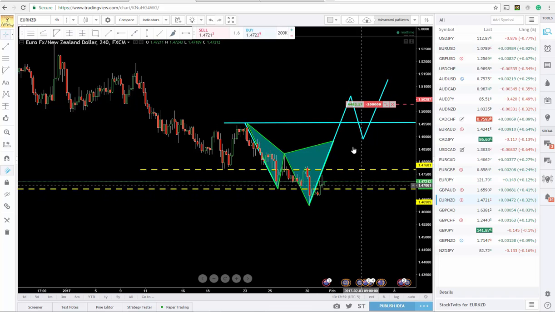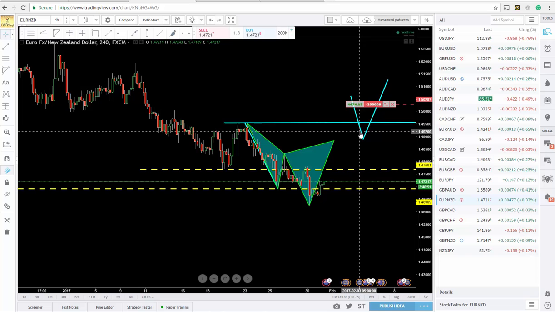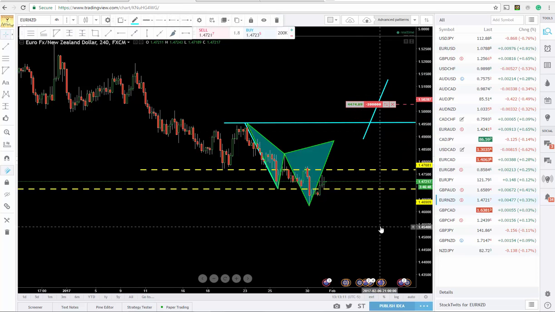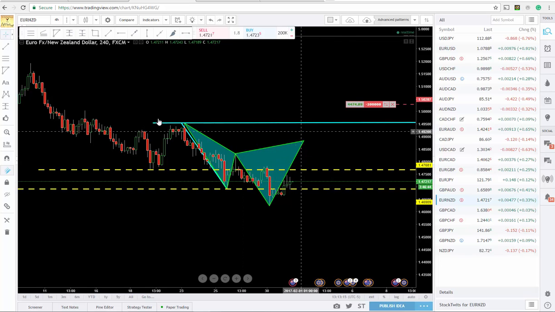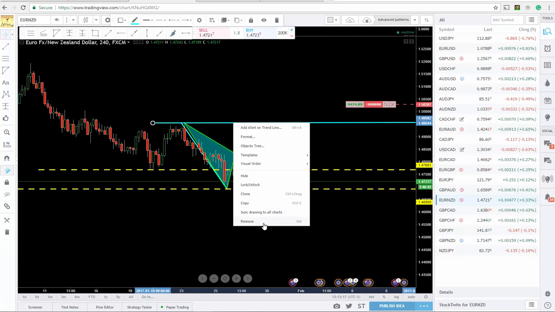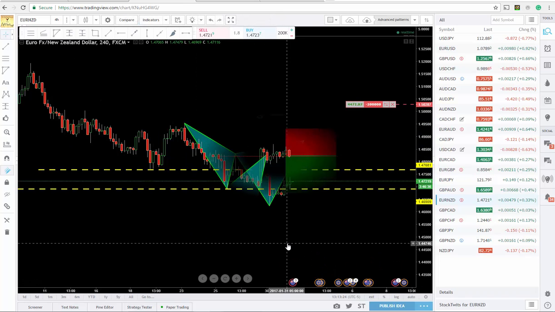But it just gives you a little more accuracy to have a confluence of a downtrend with an advanced pattern, which I'm sure you've heard me say before. If you've been a part of the trading channel for a while, you know that I trade advanced patterns when they are with the trend, such as this one here on the Euro New Zealand 4-hour chart.